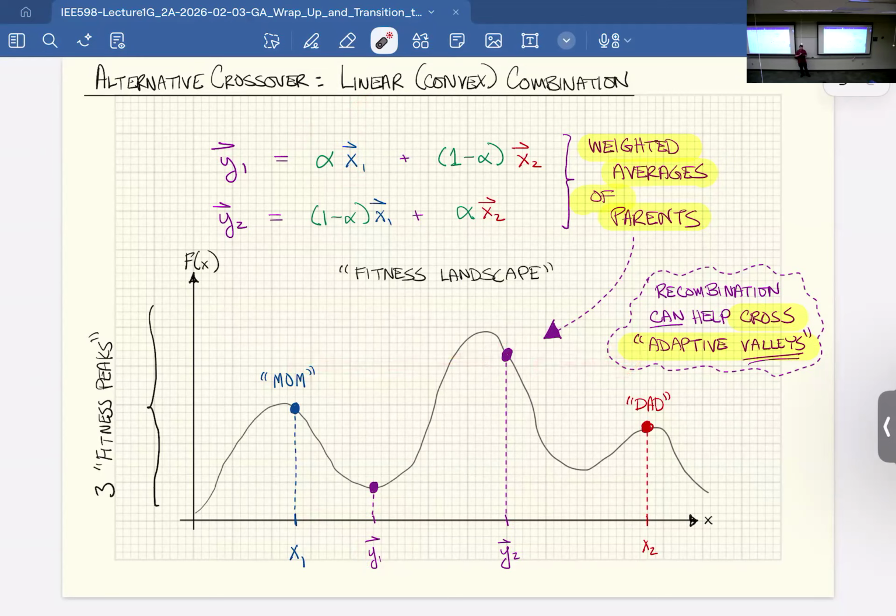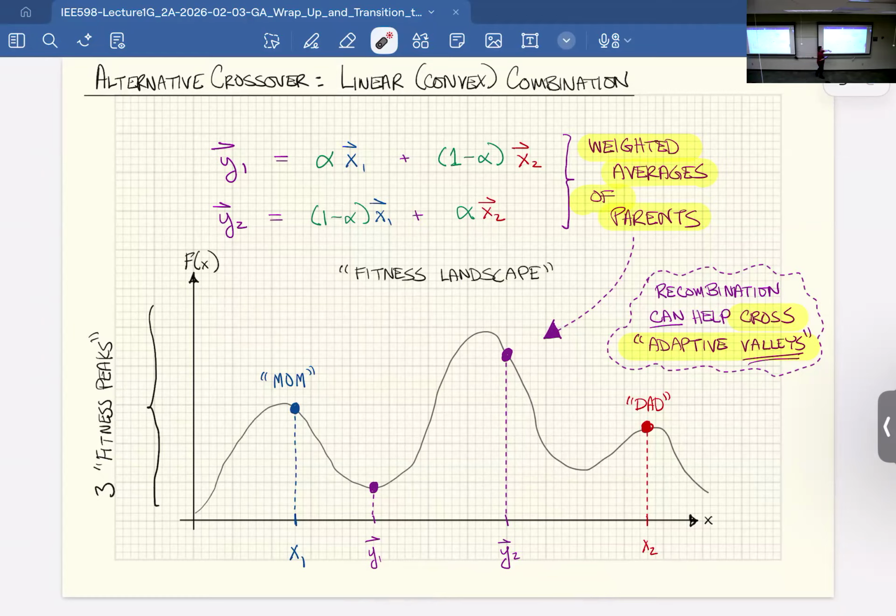So this is my 0.75 X1 solution, and this is my 0.25 X1 solution. So I end up getting these two individuals which are in between the two parents. They're like interpolations of the two parents, weighted combinations of the two parents.